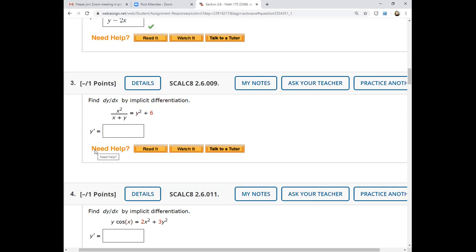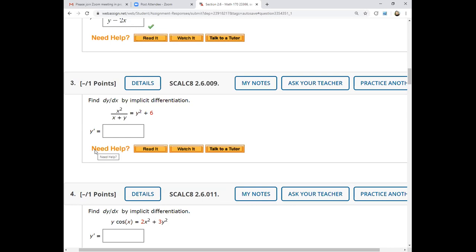The coefficient of dy/dx is everything else over there, so I'm not going to bother distributing it because I'm going to end up dividing by it anyway. What I will do is finish multiplying on the left, and move the negative x squared dy/dx from the left to the right side.